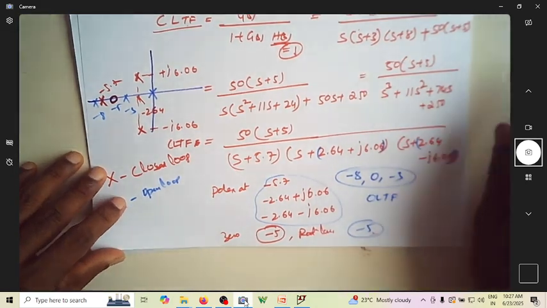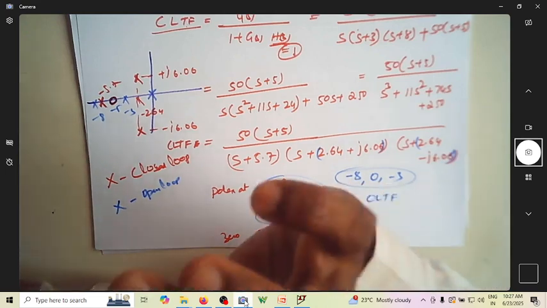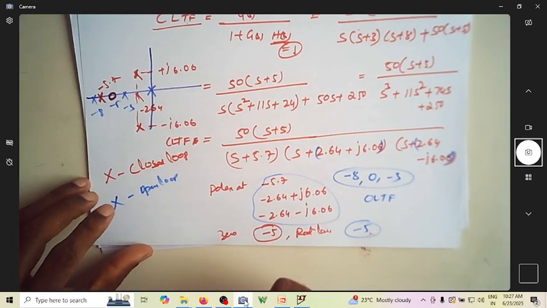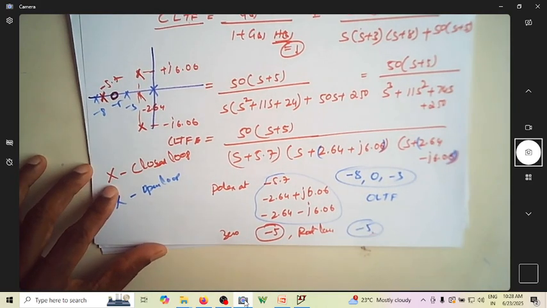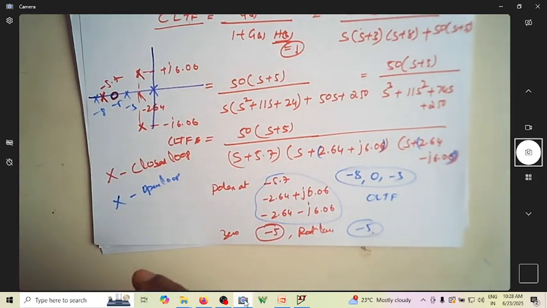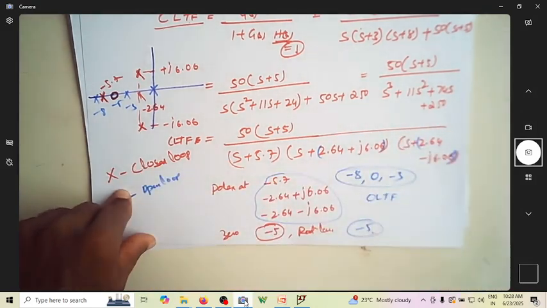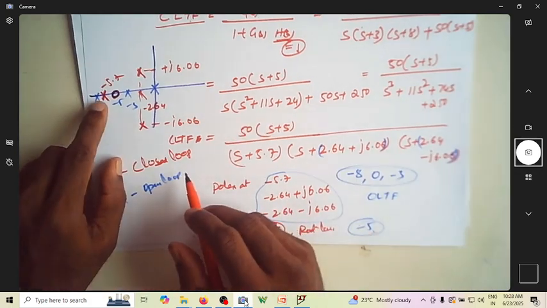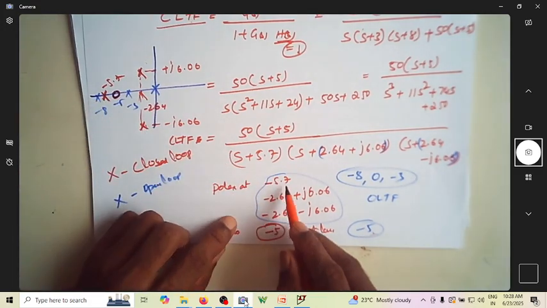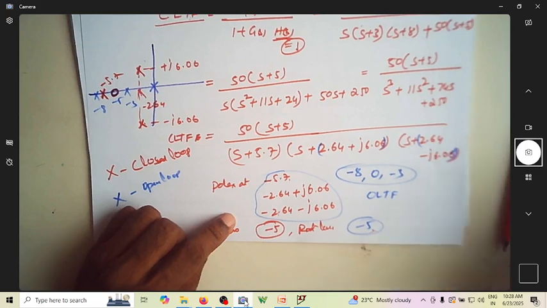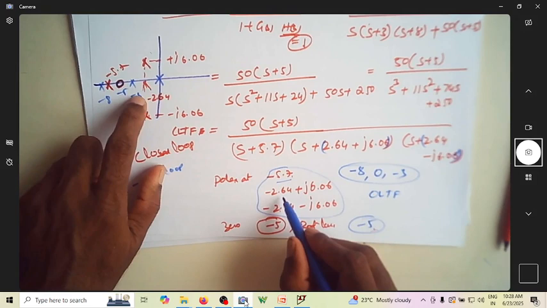Okay, this is about that. Now we will also define something like dominant poles. Dominant poles are the ones which are closer to the imaginary axis. Closed loop dominant poles are usually considered for a closed loop transfer function. In this closed loop transfer function, I have this pole and these two poles, at minus 5.7 here and minus 2.65 here.